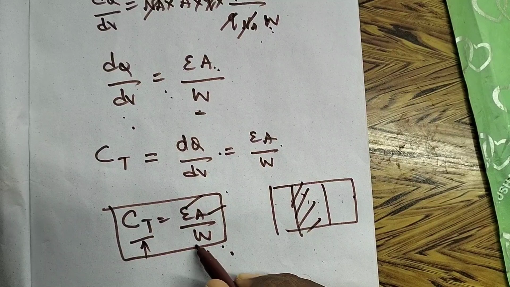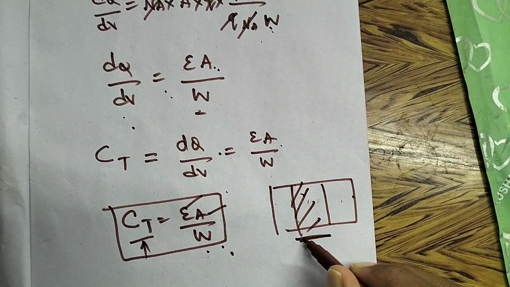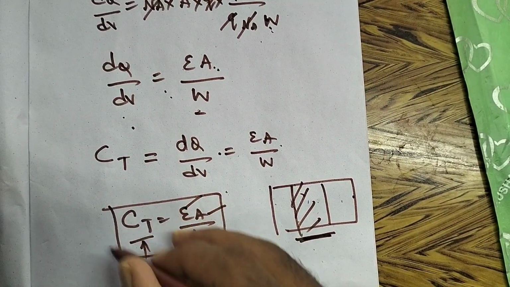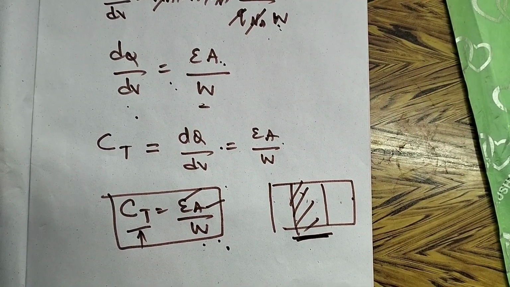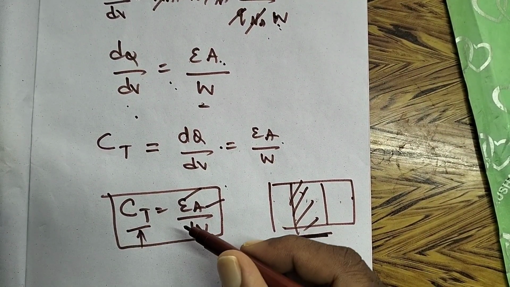Then W is the width of the depletion layer. So that is the relation of transition capacitance. So this is the transition capacitance derivation part.